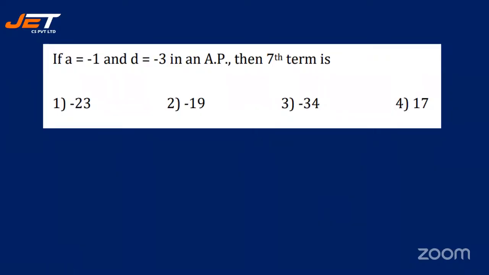Right. Your first question is, your first term A is equal to -1. Your common difference D is -3 in an AP. Then what is the seventh term? I'm just giving you 1 minute.